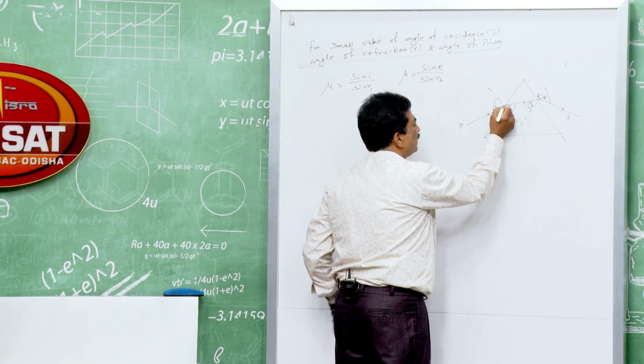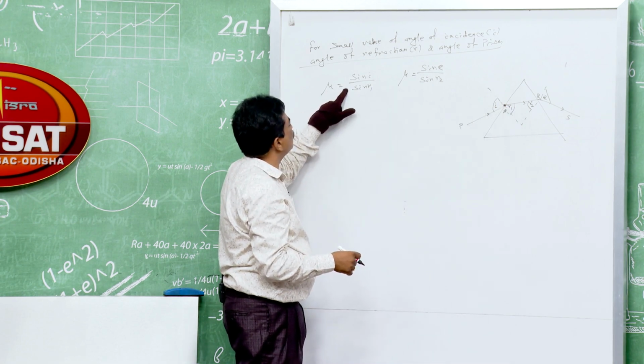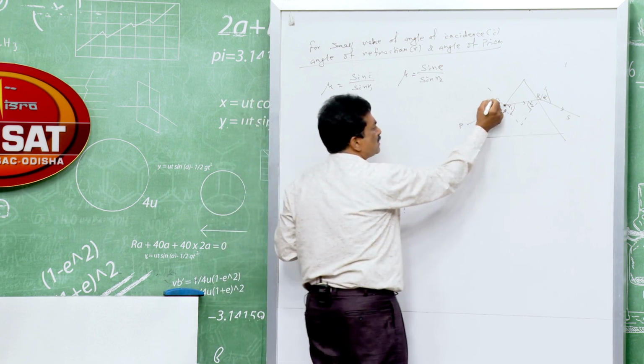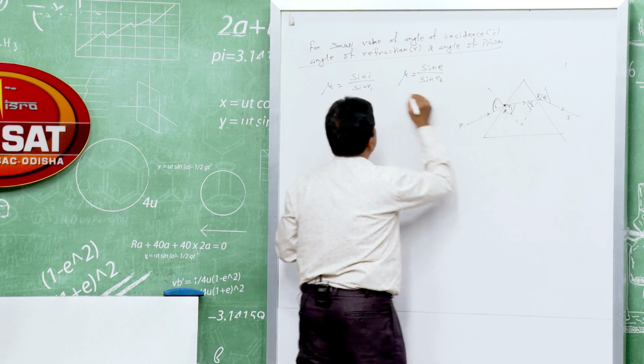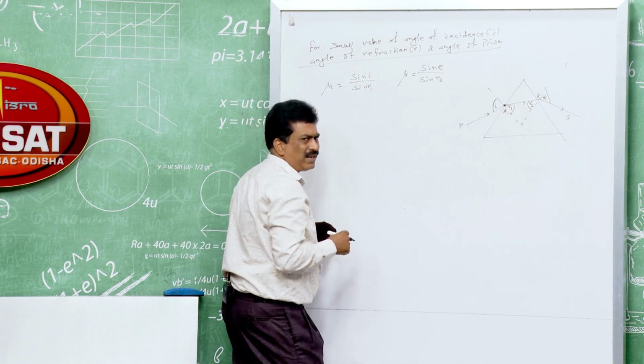When the refraction is taking place at point Q, the refractive index will be sin i by sin r1.